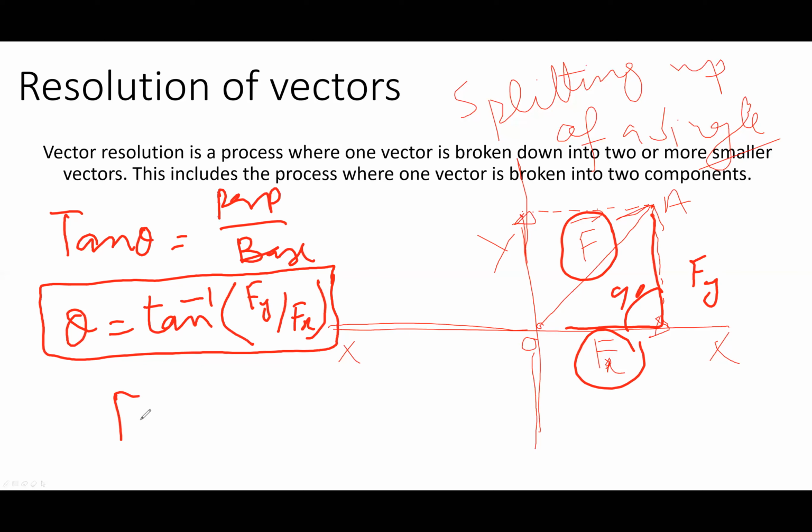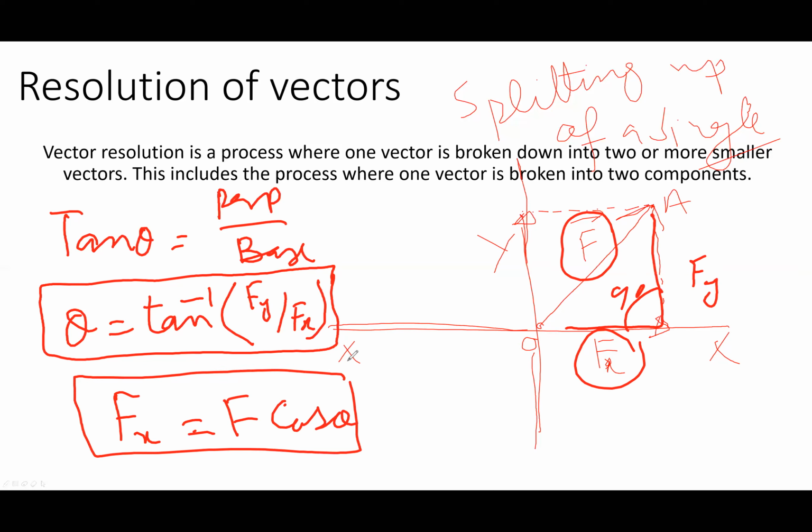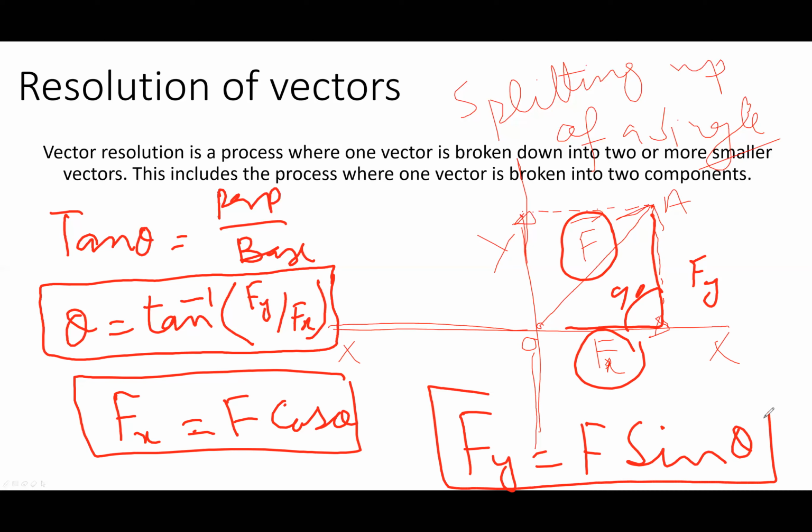The component of a vector which is acting along x-axis is called the horizontal component, and it is equal to fx is equal to f cos theta. The vertical component will be equal to fy is equal to f sine theta.